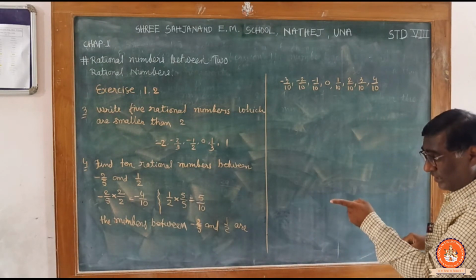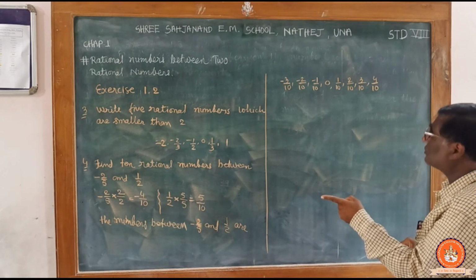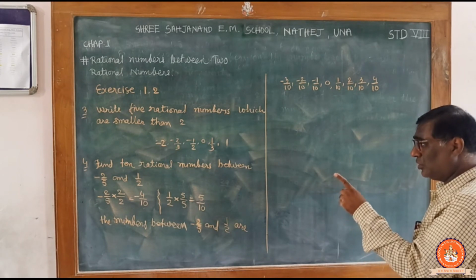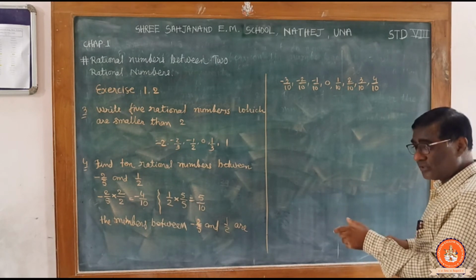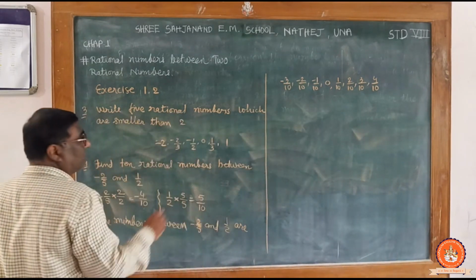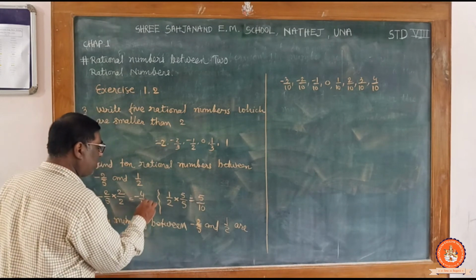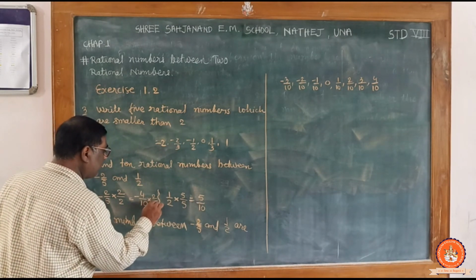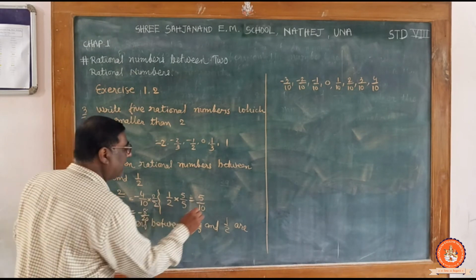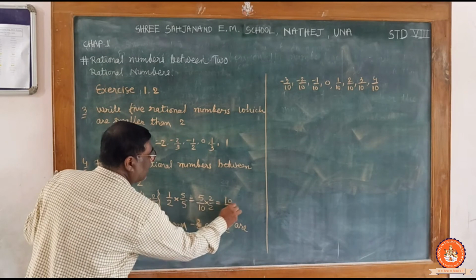See, the count between the two given numbers is not 10. Okay, so we have to multiply those numbers again. The gap between these two is only 8 numbers. So we have to multiply by 2 upon 2. It will be minus 8 upon 20, and here it is 10 upon 20.